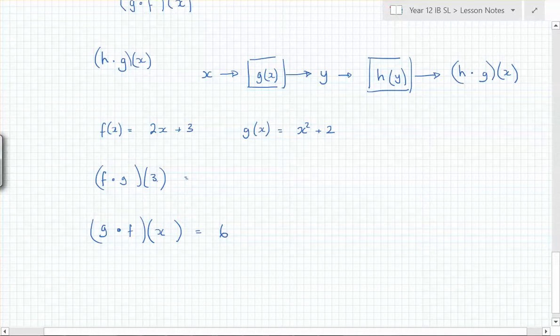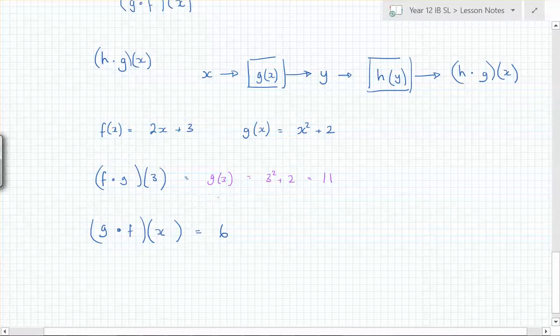What would we do? Yeah? Would you put 3 into the x squared plus 2? Yeah, exactly. So first thing I do is do g of 3. So that is 3 squared plus 2, which equals 11.